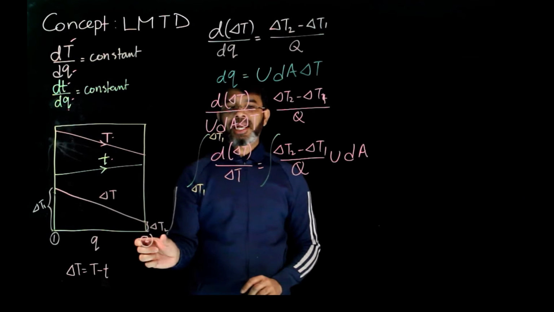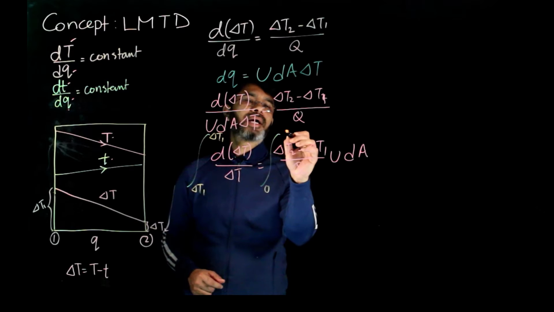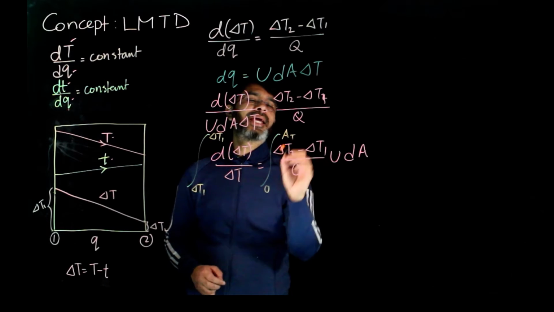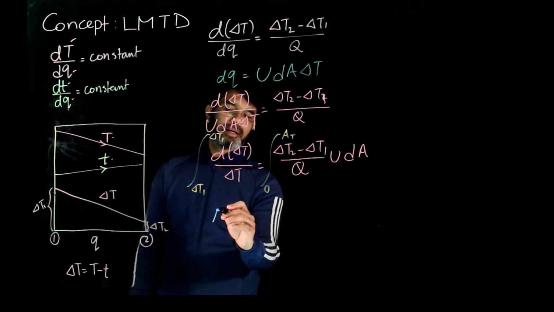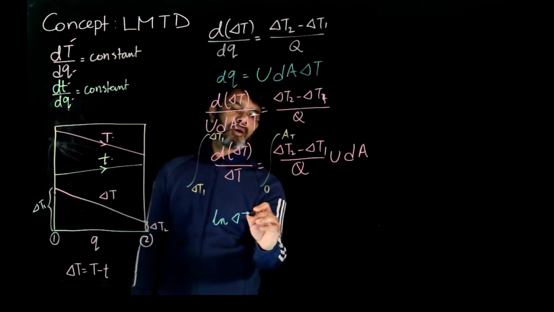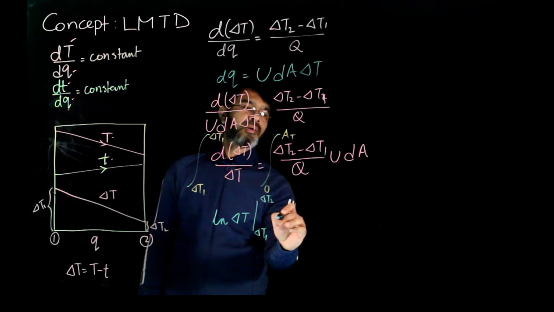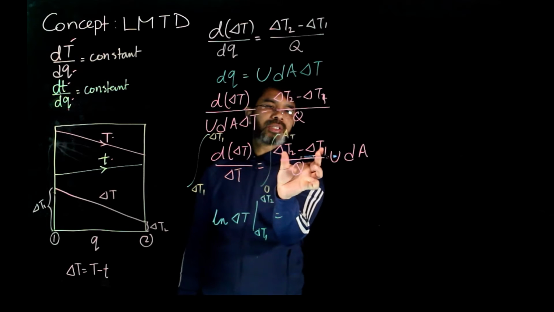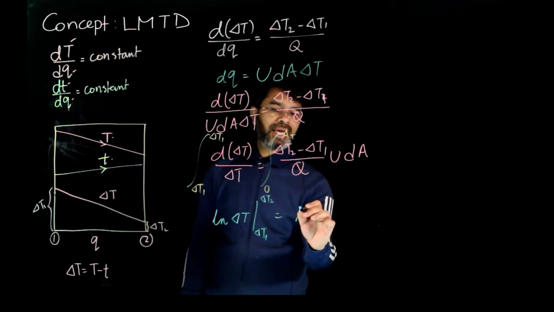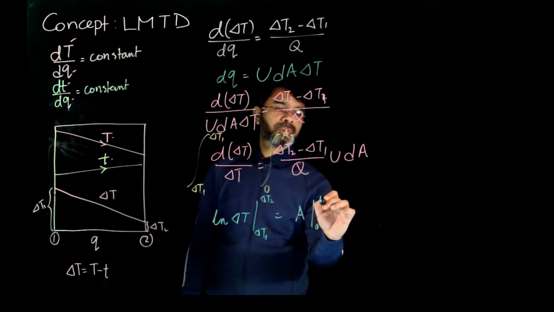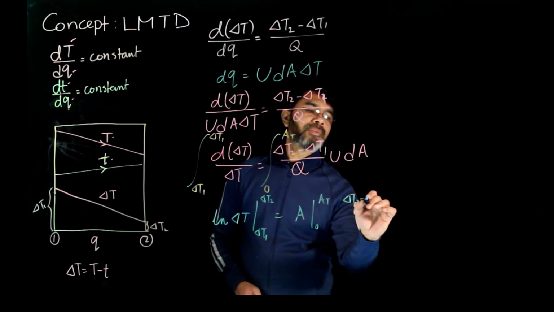From one end to the other, the area will go from 0 to the total area, which we denote by A total. The integration of 1 over x dx is ln x, so we get ln delta T between the limits delta T1 and delta T2. On the right hand side, the other terms are constant, so we'll have the integral of dA from 0 to A total times the constant term.